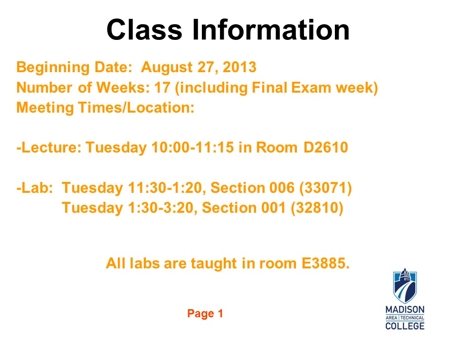Two labs meet together for lecture. If you are in section 6, then your lab will be from 11:30 to 1:20 in room E3885. If you are in section 1, your lab will be from 1:30 to 3:20, also in room E3885.